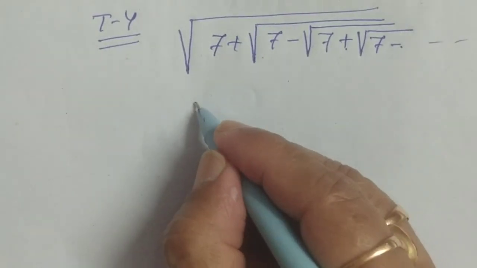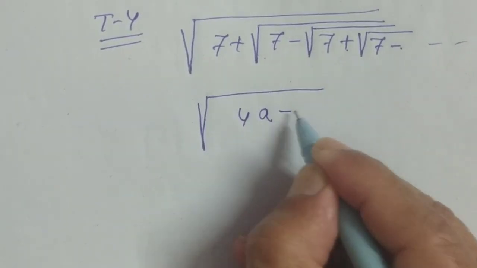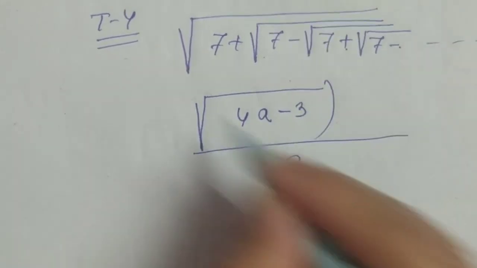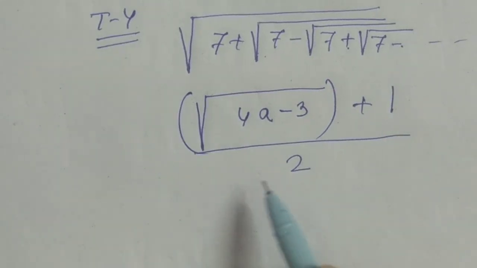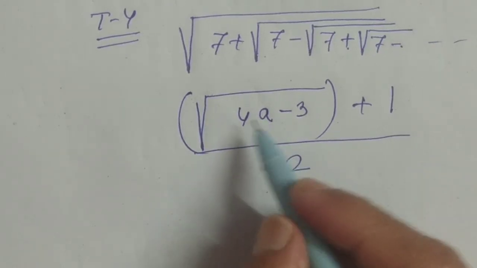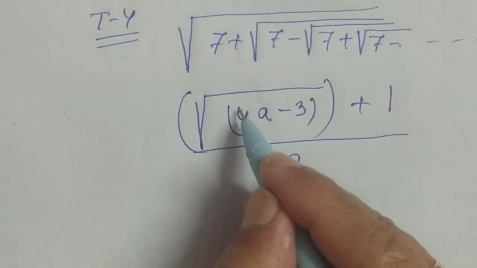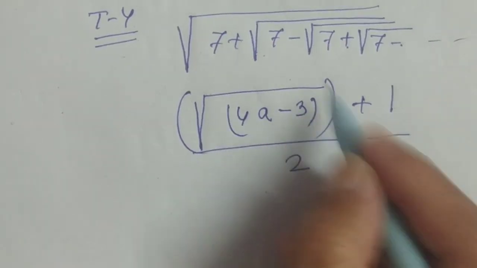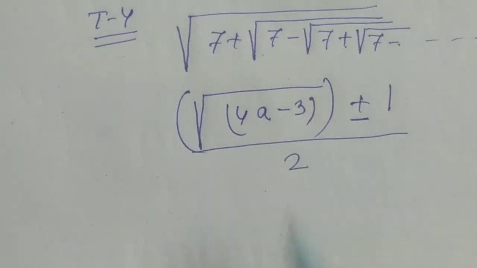Another formula is like this: root over 4a minus 3, plus minus 1, divided by 2.